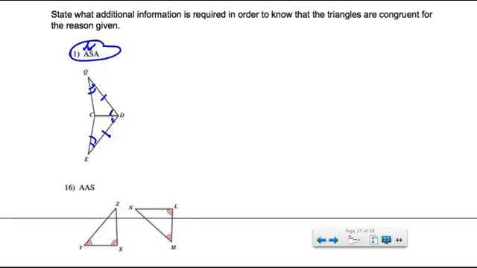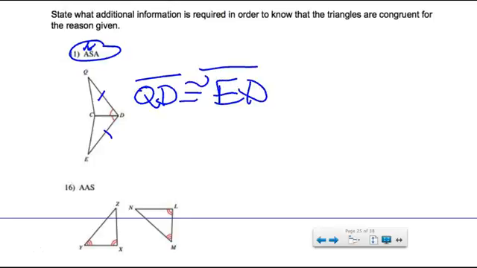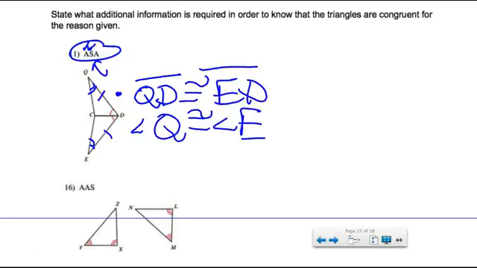This would be an angle, side, angle congruence. And it's not the only way to do it, but that's how I would opt to go with this one. So what information would I need? I would need this side congruent to this one, so I'd say QD would have to be congruent to ED. That would give me the side. I'd also need the other angle, and the side has to be smashed between the angles, so I have to go with this one, not the other pair. All right, so angle, side, angle, I would need angle Q congruent to angle E, and that would do it for me.